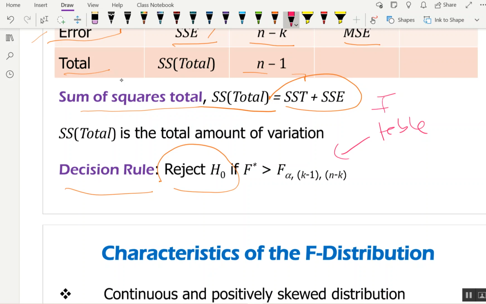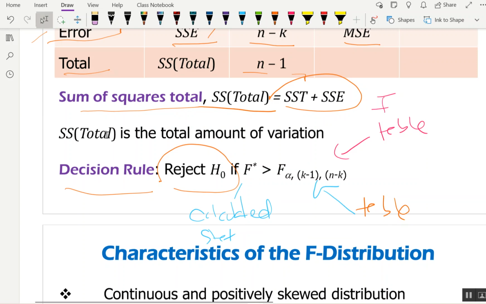Same goes here. This one is the calculated statistic, and this one is from the table. The way we compare and decide on the decision rule is just the same.